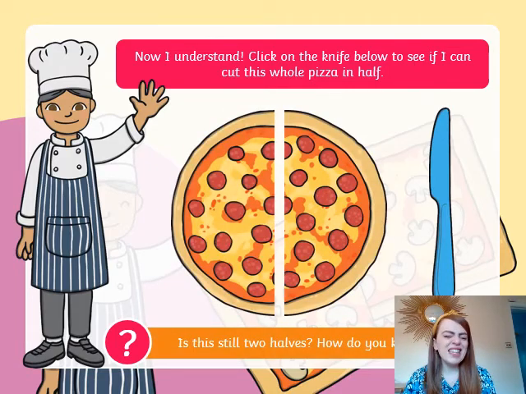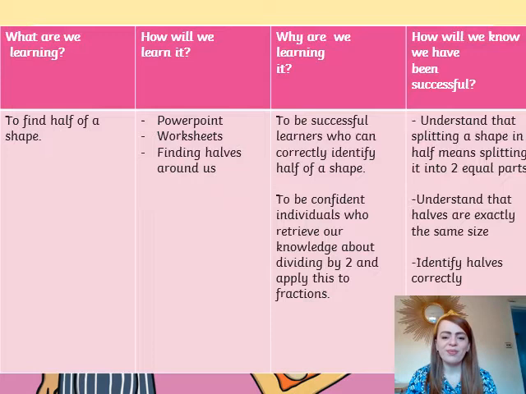Now, you can see that he's cut it differently this time, but is it still 2 halves? Well, yeah, again, because it doesn't matter which way he cuts it. He could even cut it on a diagonal. As long as it is in 2 equal parts, he will have cut this pizza into 2 halves.